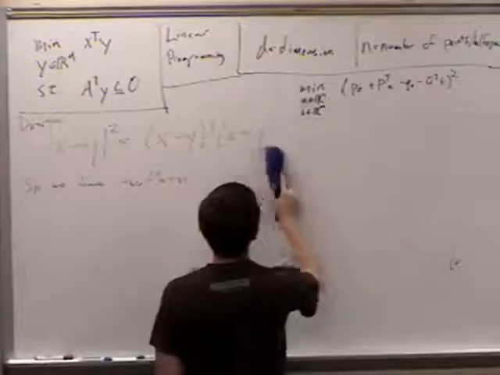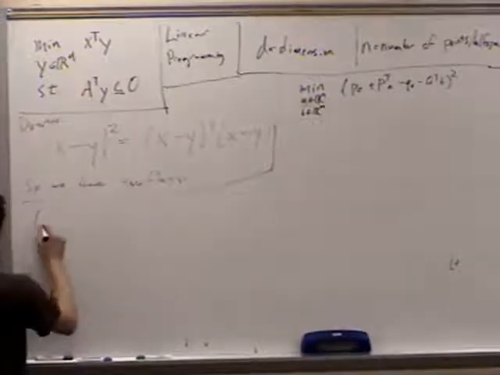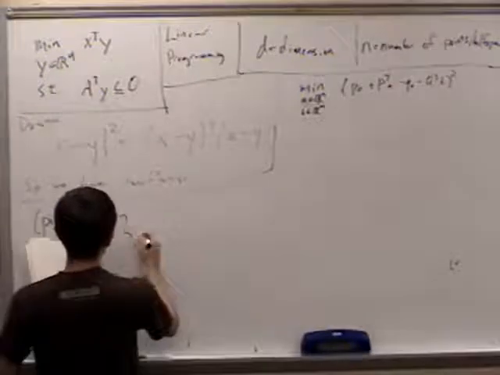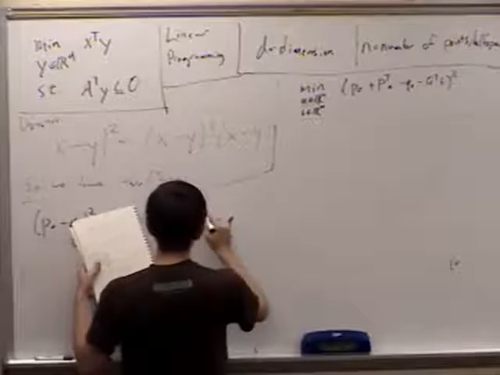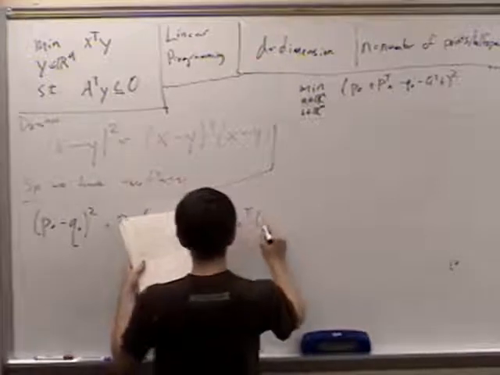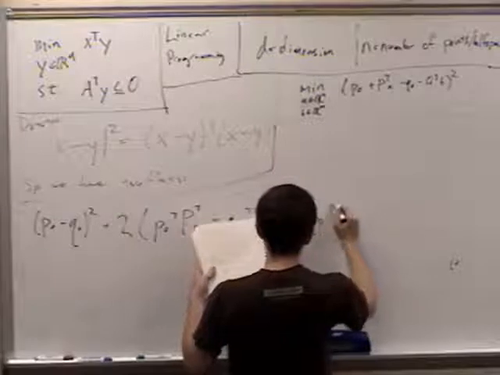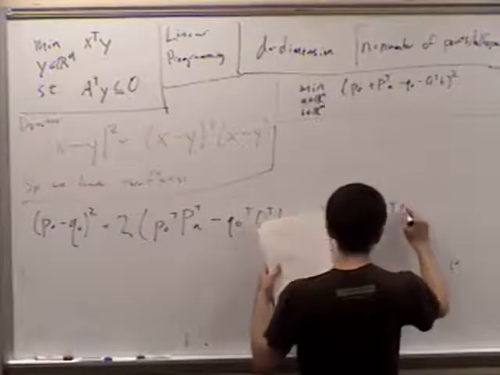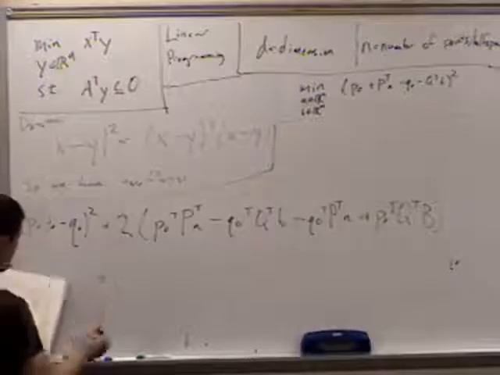So if we square that whole mess, we're going to get P0 minus Q0 squared plus 2 times P0 transpose P transpose A, minus Q0 transpose Q transpose B, minus Q0 transpose P transpose A, plus P0 transpose Q transpose B, then plus, we're going to use some matrix notation here.